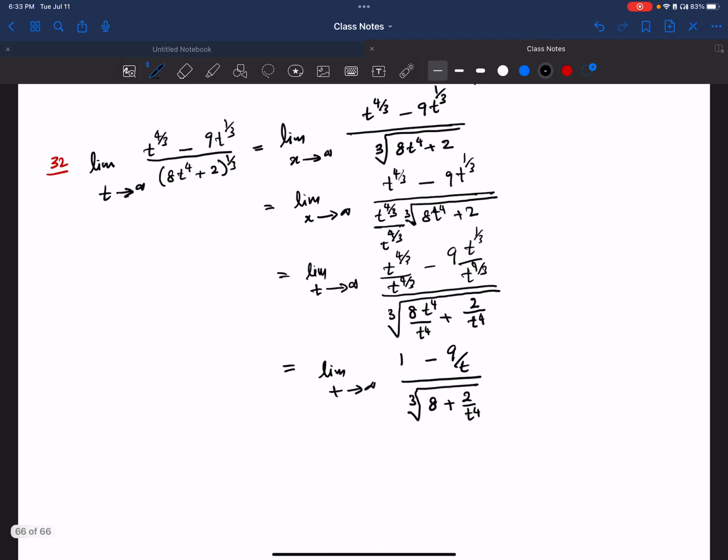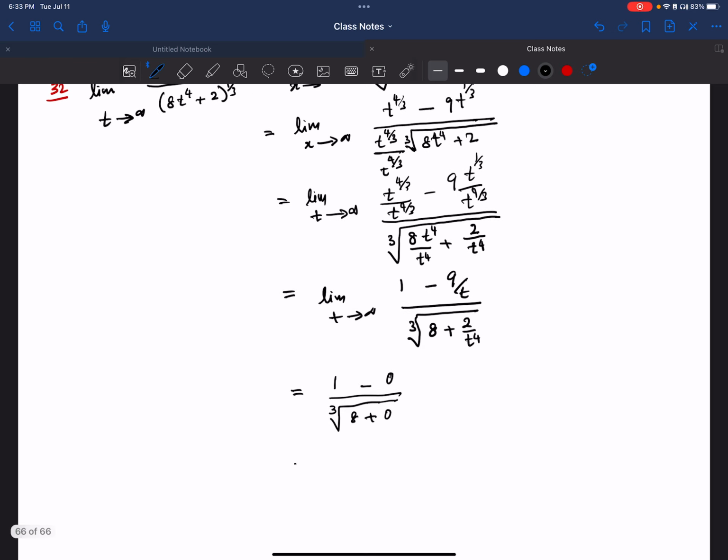We can use the power law, and then this is 1 minus 0 divided by the cubic root of 8 plus 0. The cubic root of 8 is 2. So the answer is half.